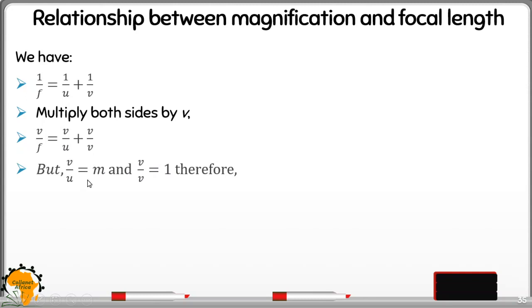Then V over U is M. So replacing, you have that V over F is equal to M plus 1. We have just replaced. Then we rearrange so that we start with M. Our M is our magnification. So M is equal to V over F minus 1. And this is now the relationship between the magnification and the focal length.